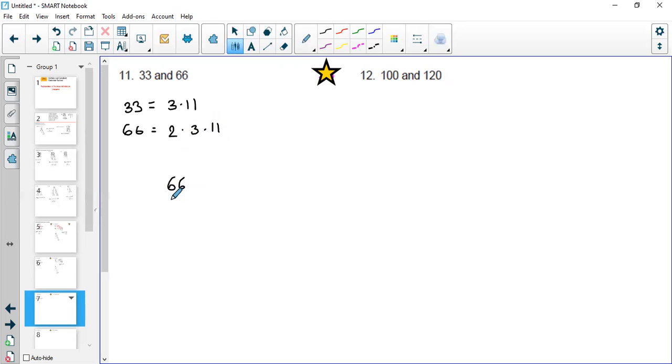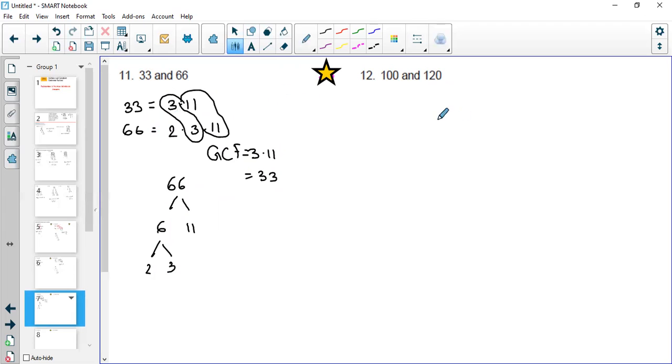You could even do 6 times 11, which means 6 is not a prime number, so 2, 3, 2, 3, 11. Fine. So the common factors are 3 and 11, which means the GCF is going to be 3 multiplied by 11, which is going to give you 33. So the GCF, the greatest common factor, is going to be 33.